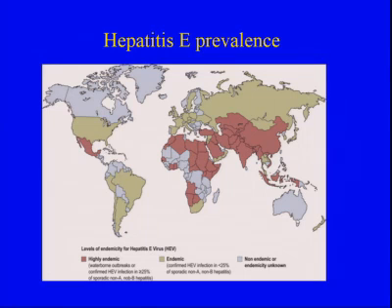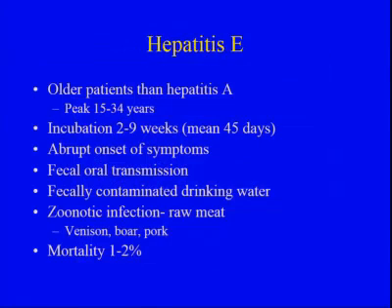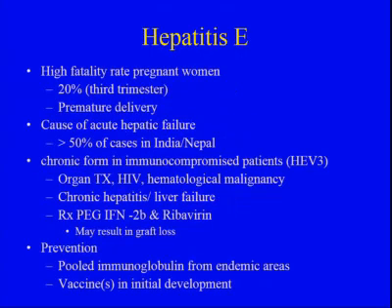This gives you the CDC data in terms of the prevalence for it, but there are different types of it that have different clinical manifestations. It causes worse disease than hepatitis A. It has a mortality rate of 1% to 2%. We know that it can be associated with consuming certain types of meat, venison, boar, and pork, and contaminated water sources in India.